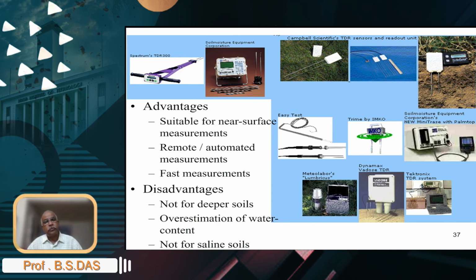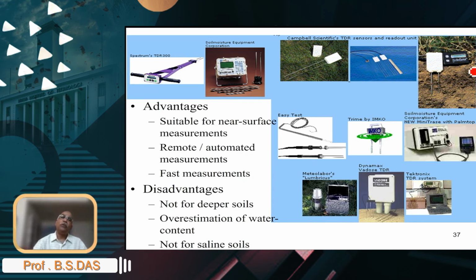You could do this automation, but in hindsight, you still have to put the probe in the ground. So imagine that you are looking at the soil wetness in a deeper soil, and you need to dig out a pit and then insert the probe, and because you need a physical cable that goes from the probe to your oscilloscope or the controllers. And nowadays there are simple controllers available.